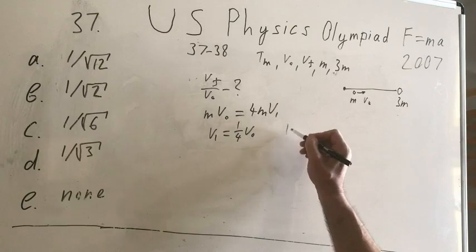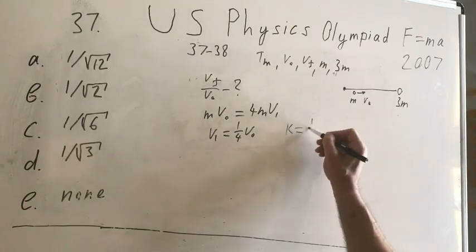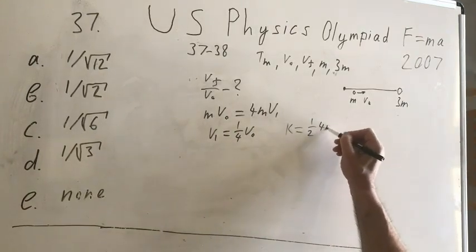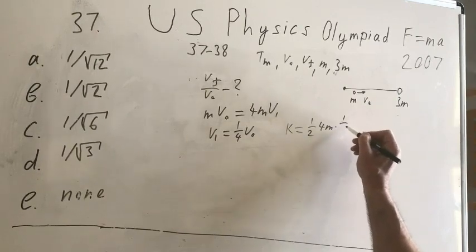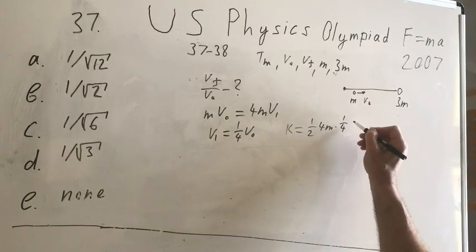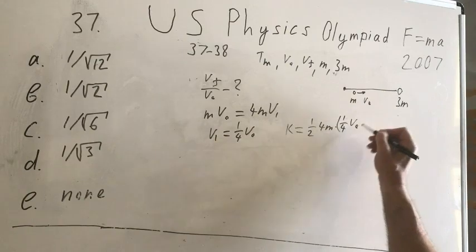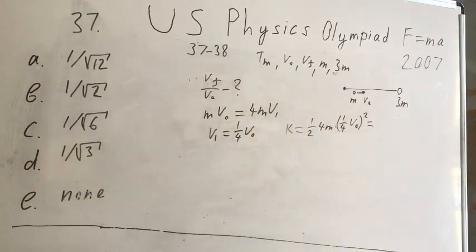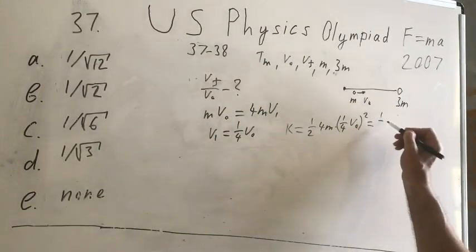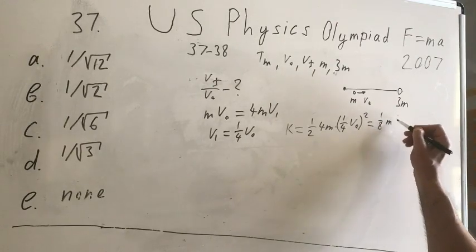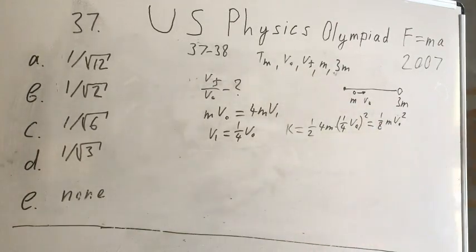So it means that all this energy, K, equals 1/2 times 4m multiplied by 1/4 V0 square, which is 1/8 m V0 square. So we have this information about maximum possible potential energy for this cord, which we can use in a second step.